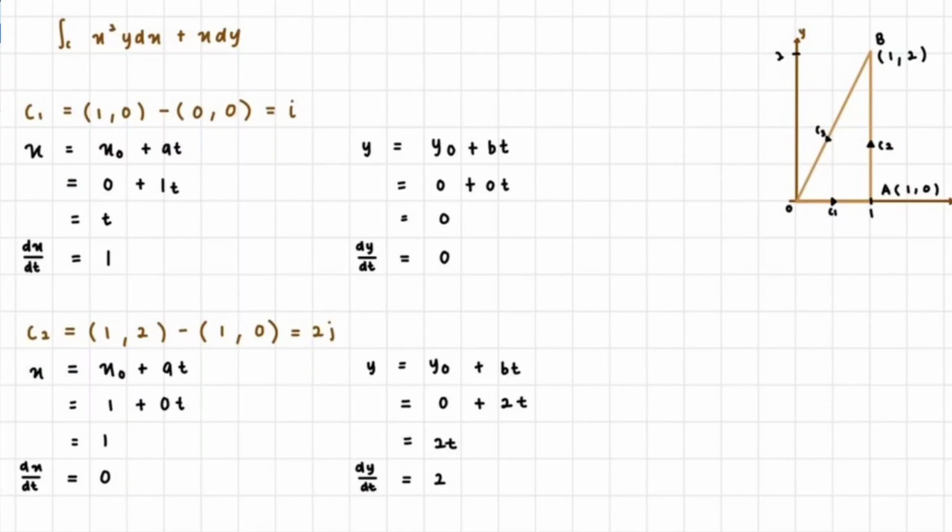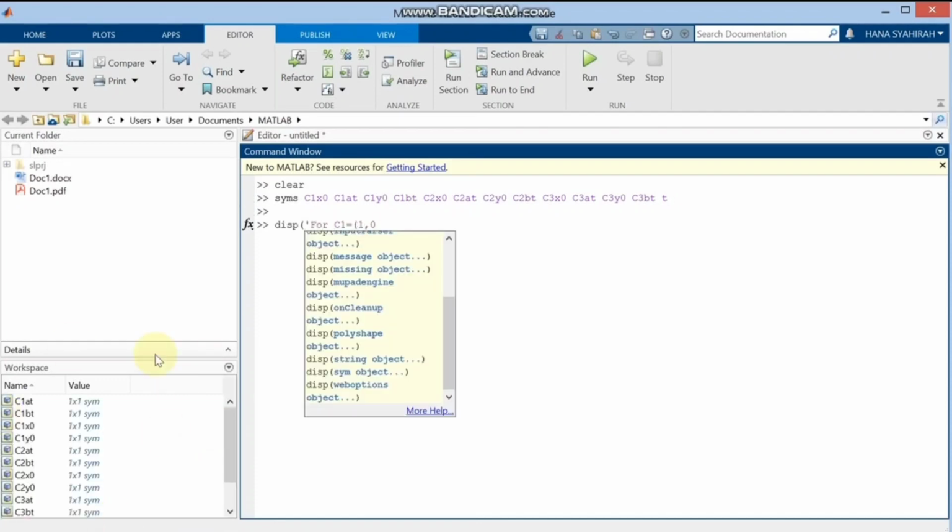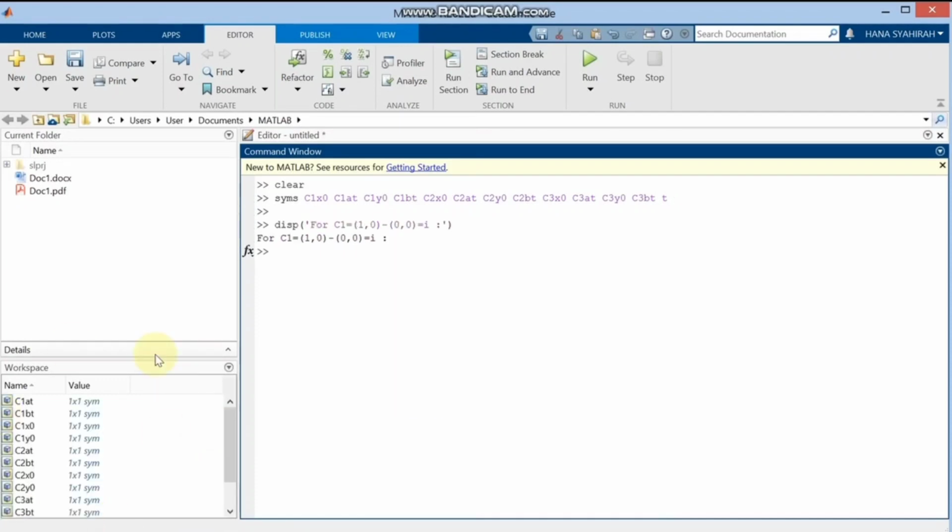First, for question B, we need to find dx over dt and dy over dt for C1, C2, and C3. First, to find C1, we go to display for C1, and we put the coordinates (1, 0), (-0, 0).